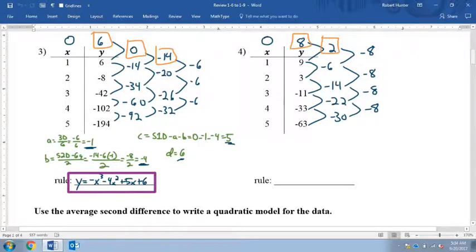So A equals second difference divided by 2, which is negative 8 divided by 2, which is negative 4. B is your starting first difference minus A, so negative 4 minus 2, which is negative 6. And your C value is your starting point.